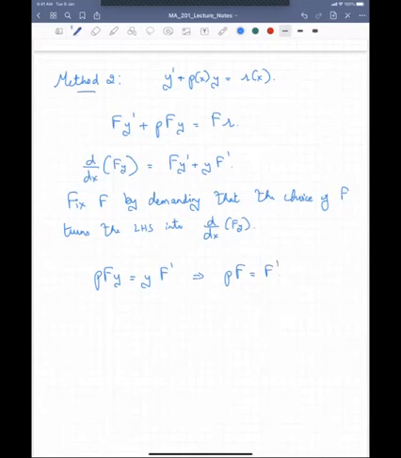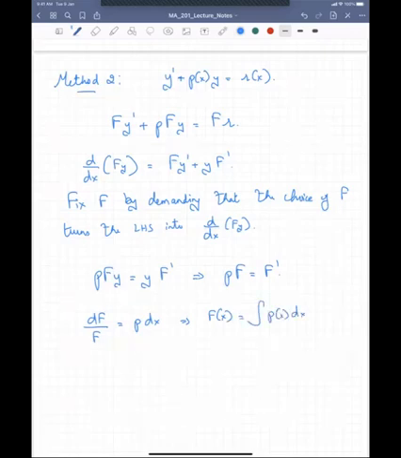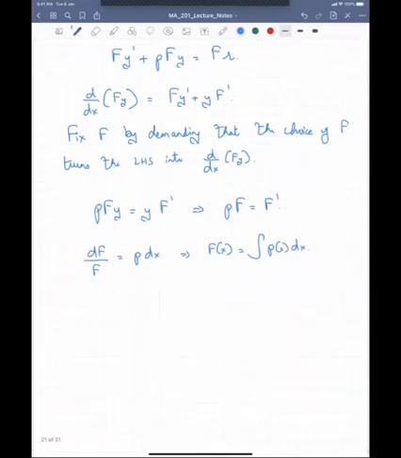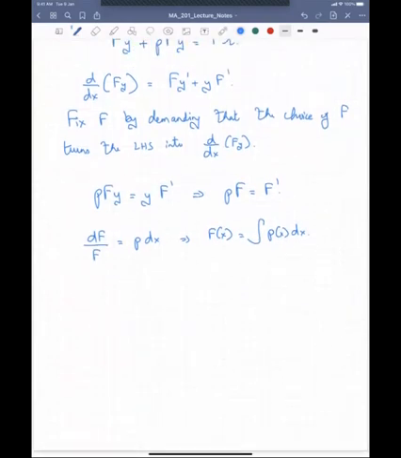Or I can turn this around by saying df over f is p dx, which implies, of course, as before, that f of x is the integral of p of x dx. Okay, so this is exactly what we mean by an integrating factor. It helps us to turn the solution of an ODE into something that can be trivially integrated. Well, assuming that the functions that we're dealing with can be trivially integrated.